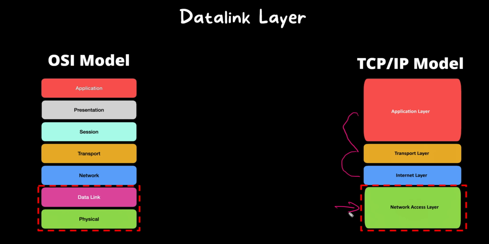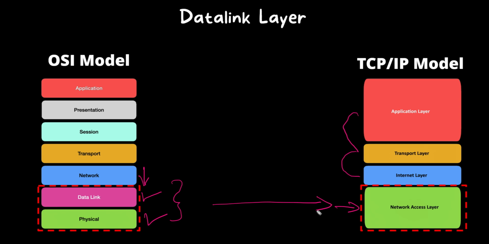But for the people who created the OSI model, from their point of view, after the network layer, there are 2 more functions that need to be considered. These are the functions performed by the data link layer and the physical layer. For those who created the TCP/IP model, they consider the functions of the data link layer and physical layer as a single function, that belongs to the network access layer.